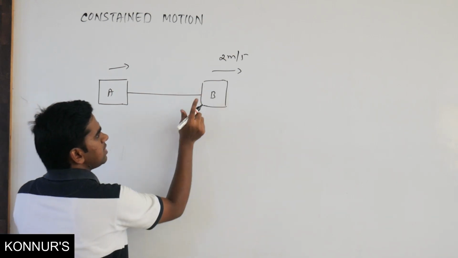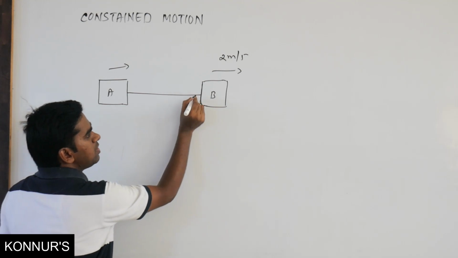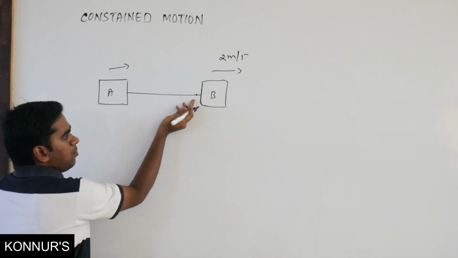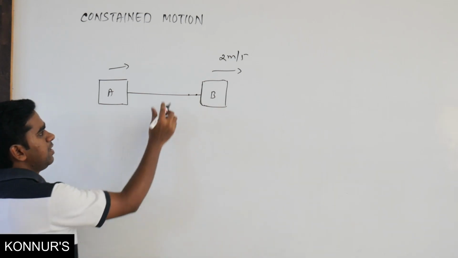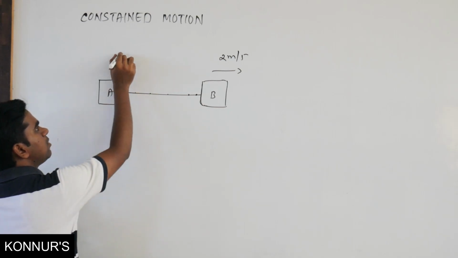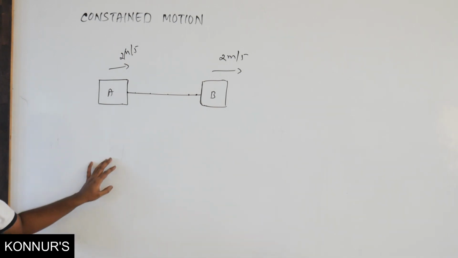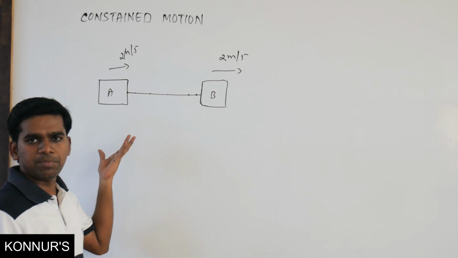Since this wire is connected here, if B is moving with velocity 2, obviously a point near B is also moving with velocity 2. Obviously another point near this point is also moving with velocity 2. Again, if you take this point, this point, this point, finally body A is also moving with 2 meters per second. That means the velocity of A is equal to the velocity of B.